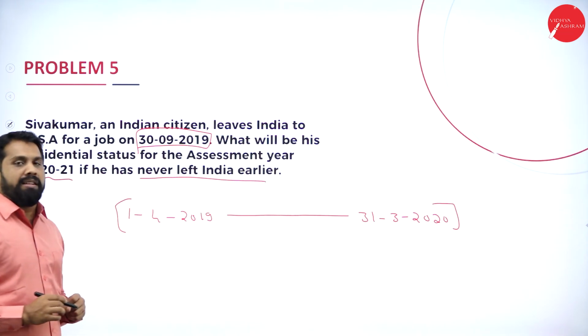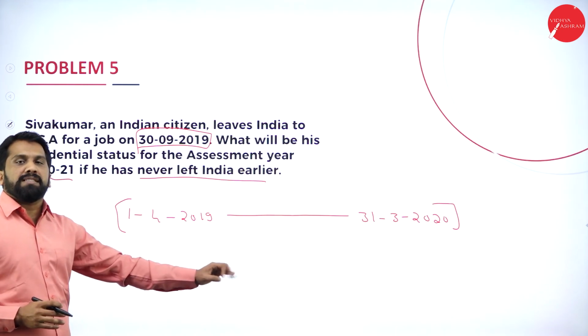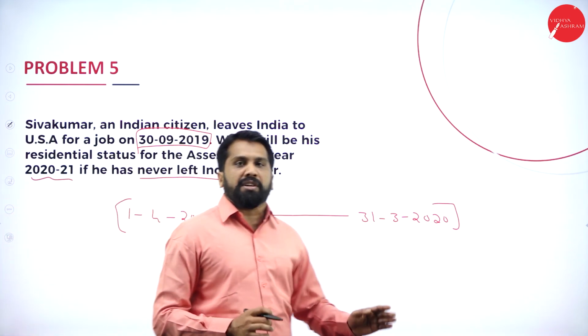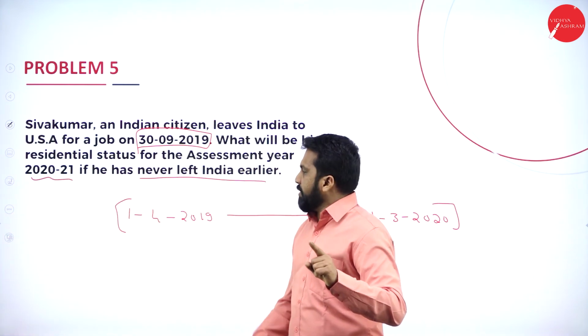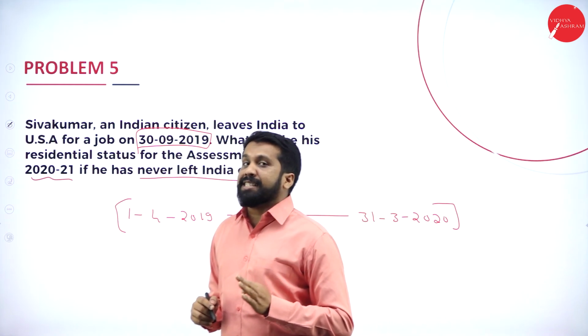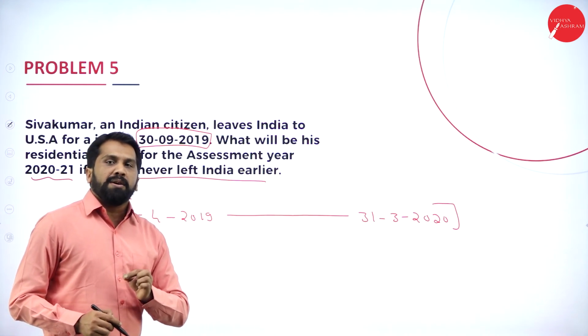This we call your financial year, meaning your previous year. For every problem in your examination, the previous year is 19 and 20, and the assessment year is 2020 and 2021.